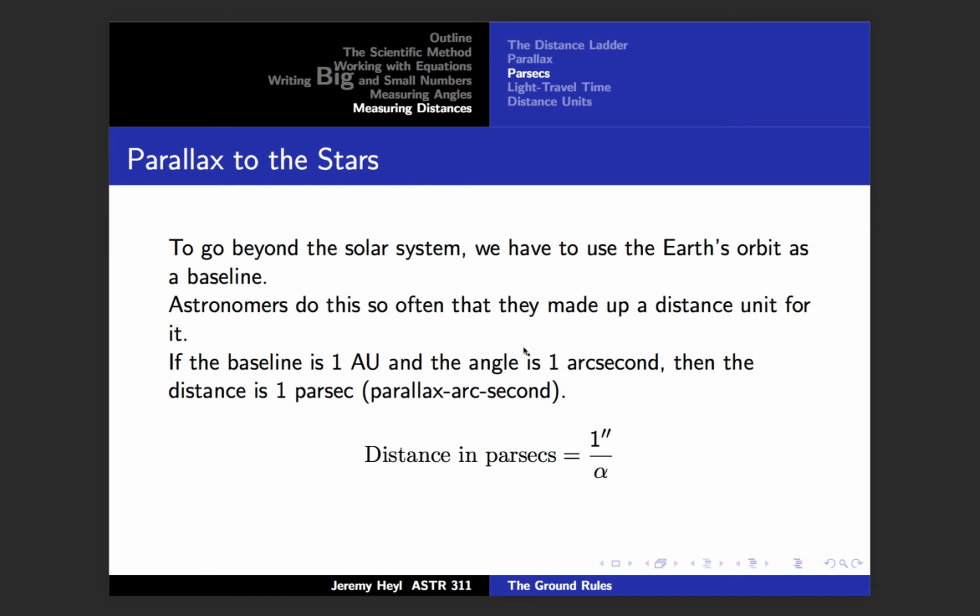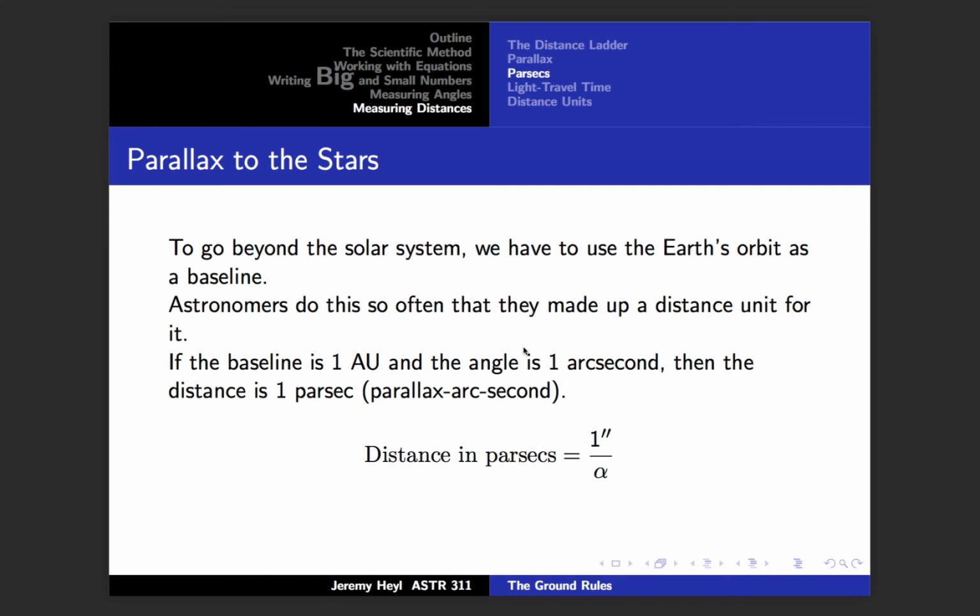So if we measure the parallactic angle, let's say, just for argument's sake, it's 1 milliarcsecond, what would the distance be? The angle is 1,000th of an arc second. So the distance is 1,000 parsecs, or a kiloparsec.